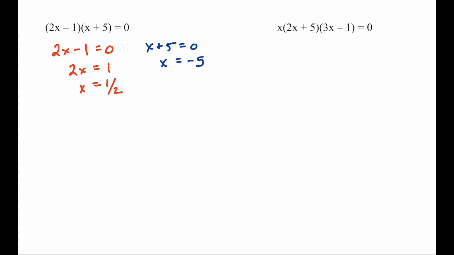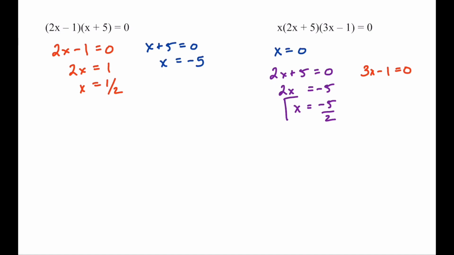The next example has three roots. x could equal 0. 2x plus 5 could equal 0. Or 3x minus 1 could equal 0. The first solution is already worked out for us. In the second case, I'm going to subtract 5 from each side and then divide by 2.